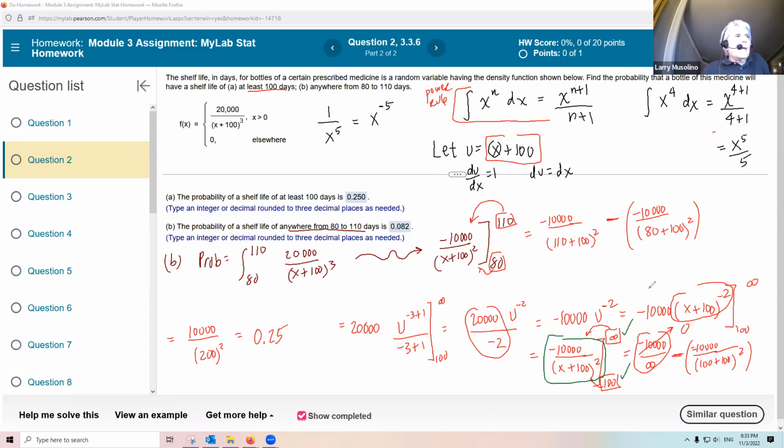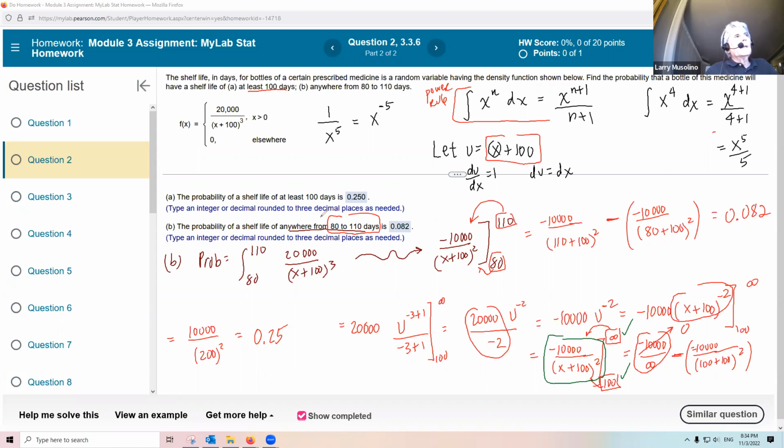This is a job for my calculator. I'll work this out and I'll get 0.08. So there's only about an 8% chance that the shelf life of this medicine is going to last from 80 to 110 days.